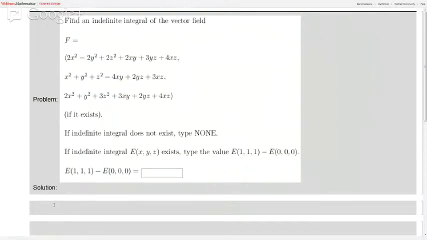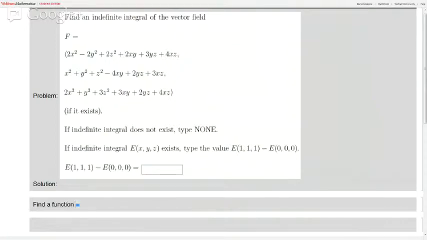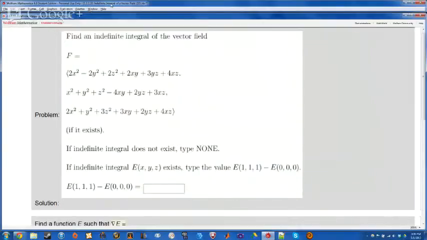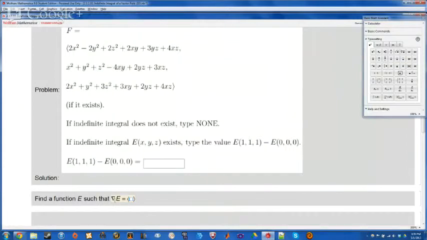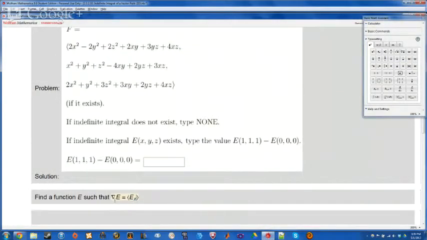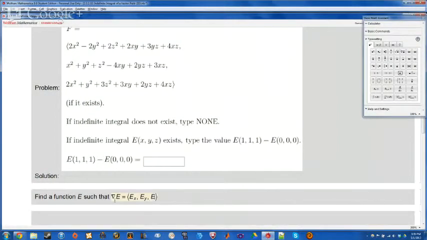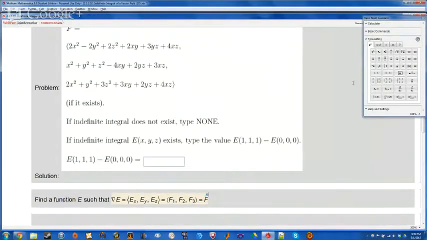First, my goal is to find a function e such that the gradient of e equals the partial of e with respect to x, the partial of e with respect to y, and the partial of e with respect to z, equal to the component f1, the component f2, and the component f3 of the vector f.